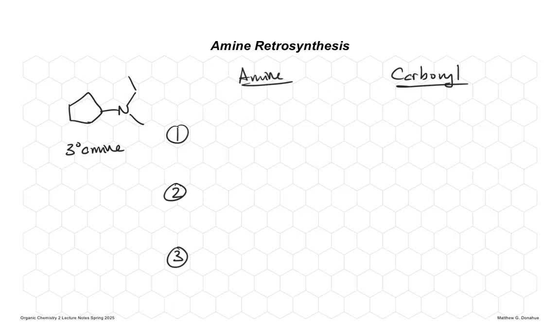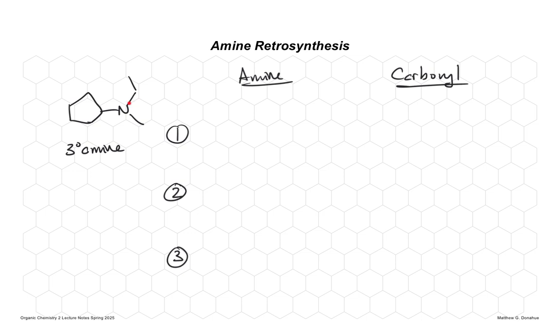So I've written this table out so we can see what the 3 different scenarios and the coupling partners are. So maybe I'll do these in different colors here. So we see the nitrogen. Then we see this ethyl group. So let's look at that bond disconnection first.